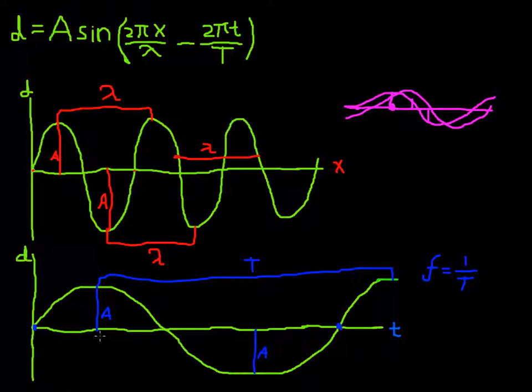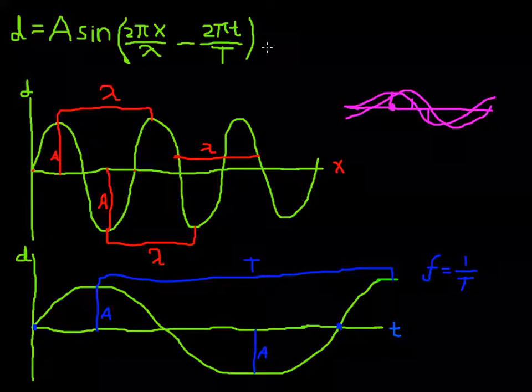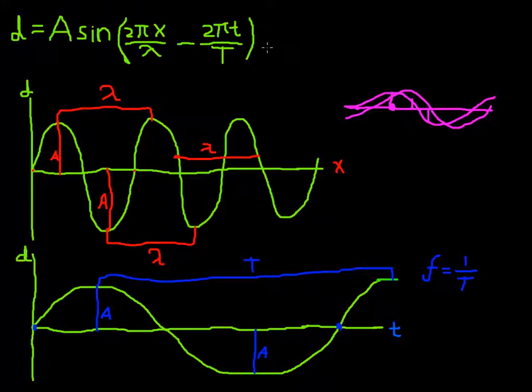And the equation for the d versus t graph is very similar, except we're going to have this a sine minus 2 pi lowercase t over capital T. The minus is because we want this wave to move right with time. You can also see if you go on to Desmos, it will let you have this t change with time.